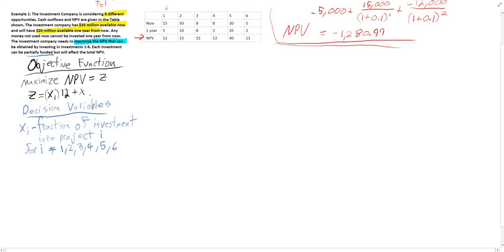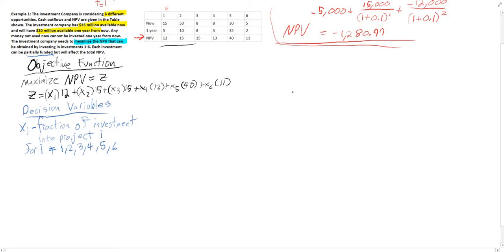So we're going to do x2 times 15 plus x3 times 15 plus x4 times 13 plus x5 times 40 plus x6 times 11. So this is the fraction of each investment, which will give you the net present value.